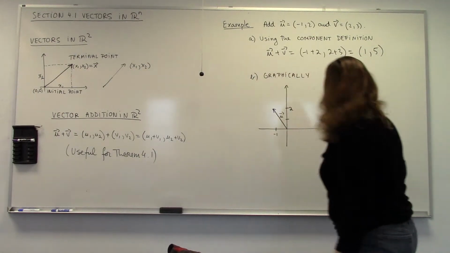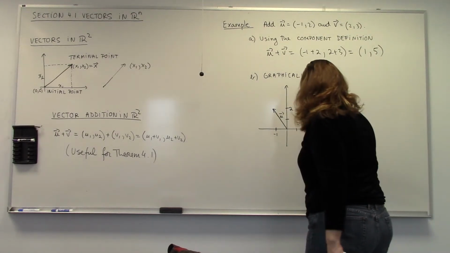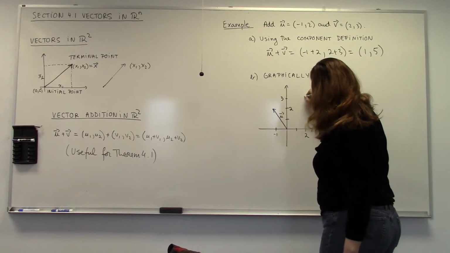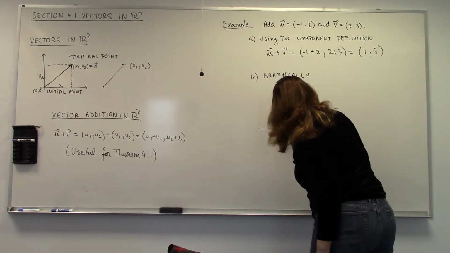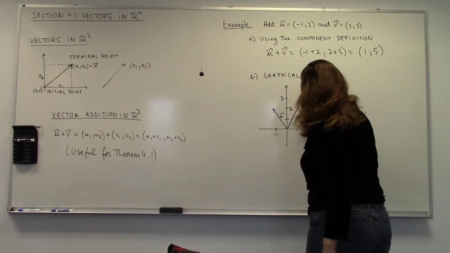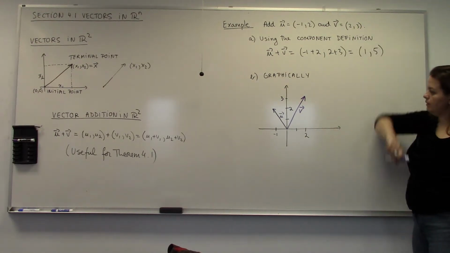My vector v is 2, 3. So on the x-axis, I go to 2. On the y-axis, I go 3. So this guy here is going to be my vector v, which has coordinates 2, 3.